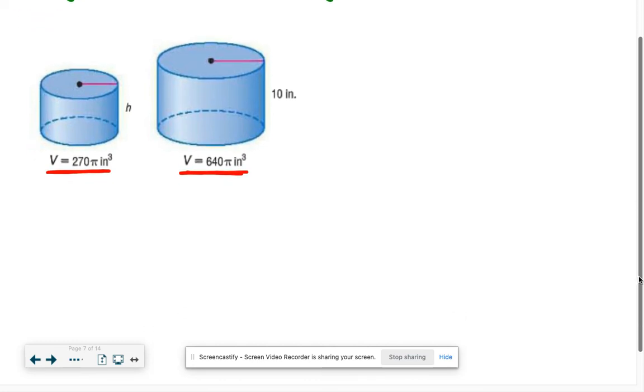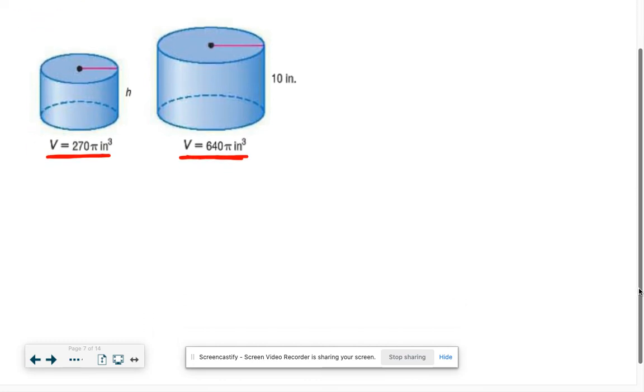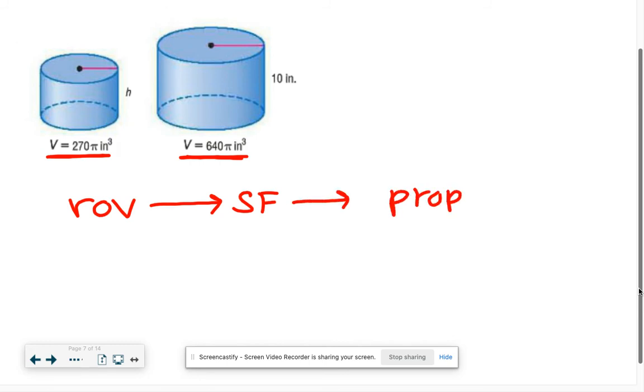Our little roadmap here: we're going to start with the ratio of our volumes, get to our scale factor, and then write a proportion to help us solve this. So let's start with the ratio of our volumes. Do you see how we know both of them? So I can write 270 pi over 640 pi.